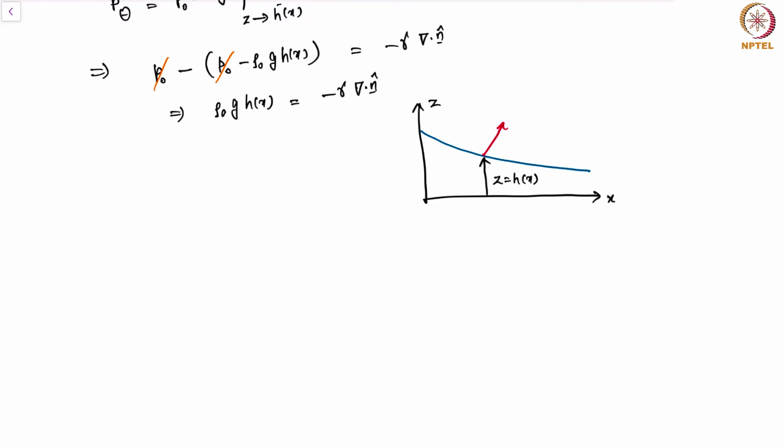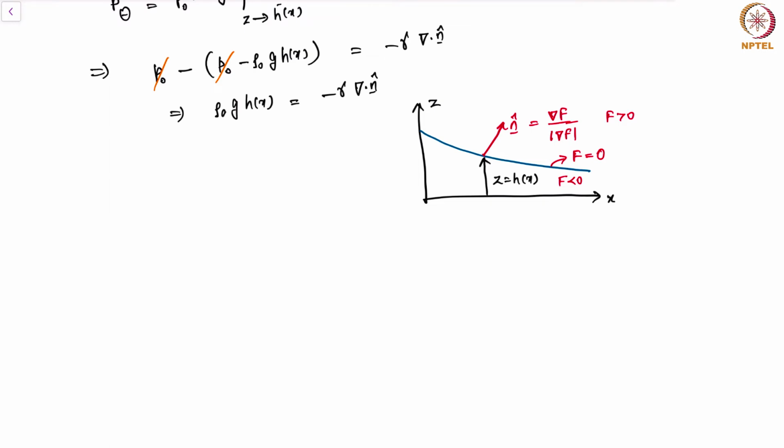The normal vector can be obtained by taking the gradient of a function f divided by the magnitude of the gradient. And what is this function f? This function f is defined in such a way that f is equal to 0 is the interface, and if you are above the interface, f is greater than 0, and if you're below the interface, f is less than 0.